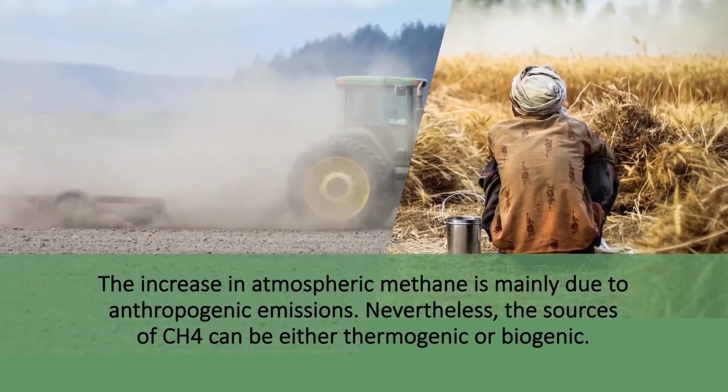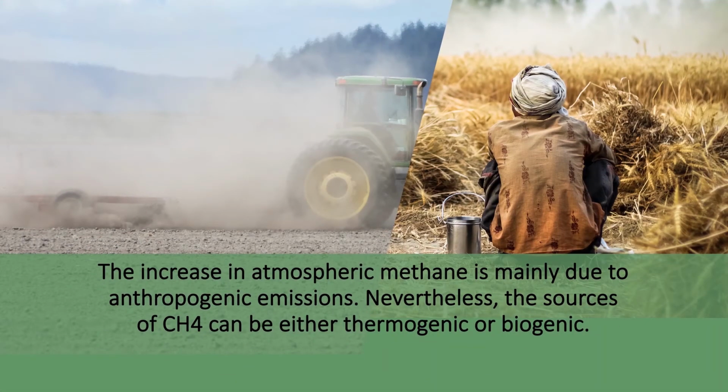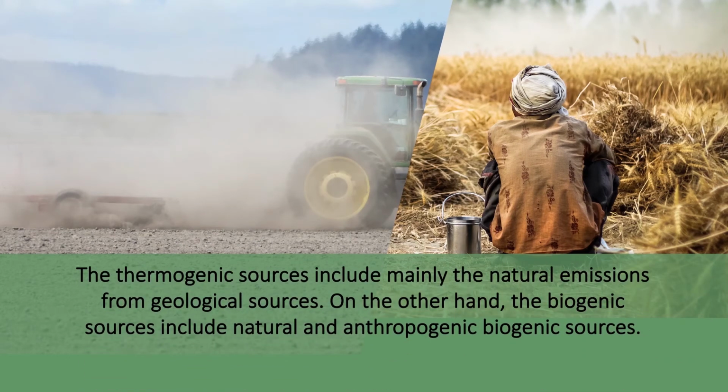The global net carbon dioxide emissions due to land use changes over the last century amount to around 1.1 picogram of carbon. The increase in atmospheric methane is mainly due to anthropogenic emissions. Nevertheless, the source of methane can be either thermogenic or biogenic. The thermogenic sources include mainly natural emissions from geological sources.